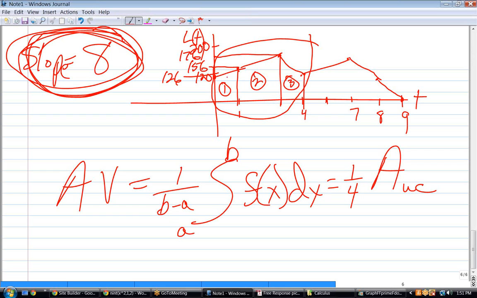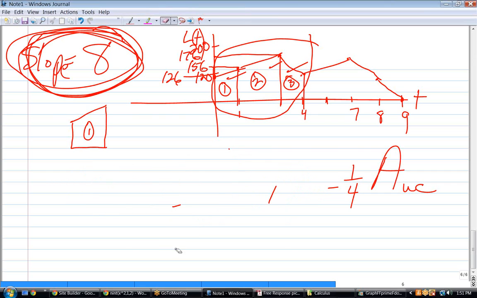Well, this area is the sum of 3 trapezoids. So let's look at trapezoid number 1. You've had the trapezoidal method, I gather? I believe so. Okay. So how do you figure the area of trapezoid number 1? This side is 156, this side is 120, and the height is 1.